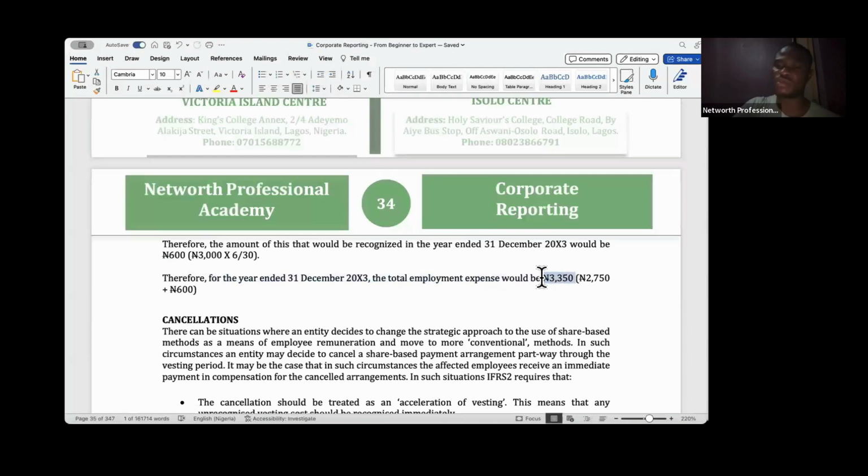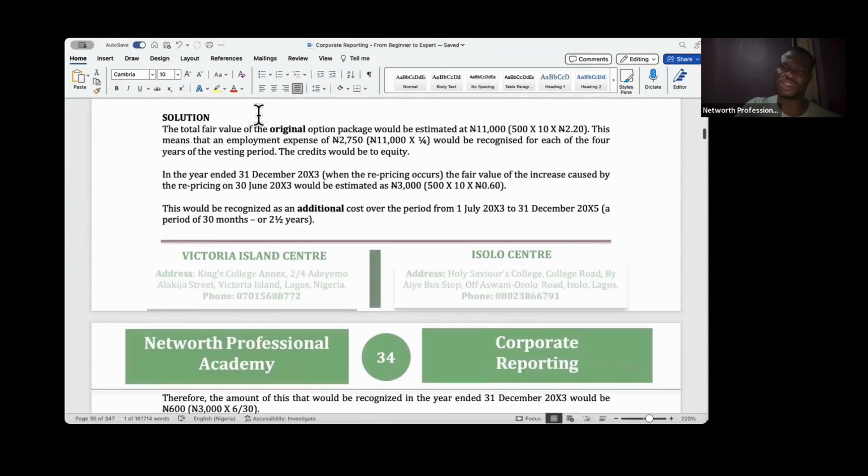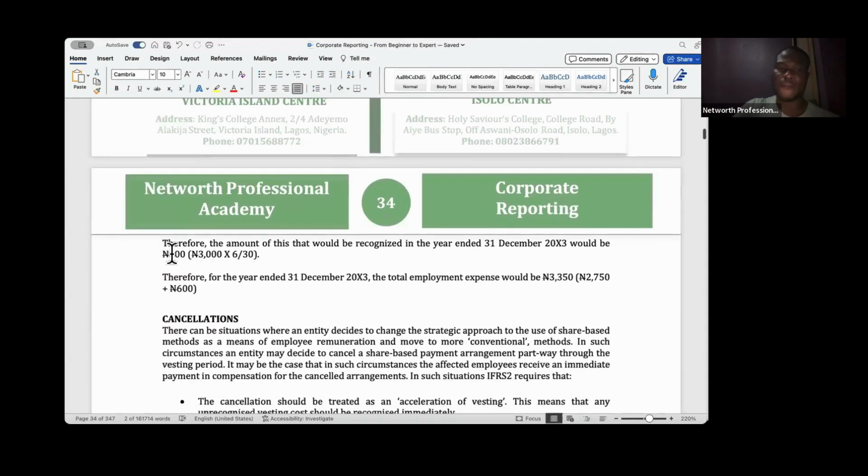So I now asked, what happens in the next year? In the next year, I've already told you this one will not change because the variables did not change. So it's still going to be 2,750 that will be recognized in 2004. However, for this increase, 2004 is a 12-month period. So that will be 3,000 times 12/30, which gives 1,200.